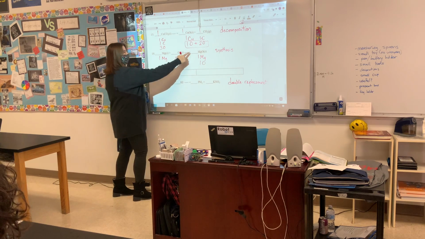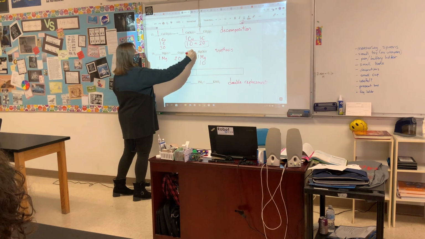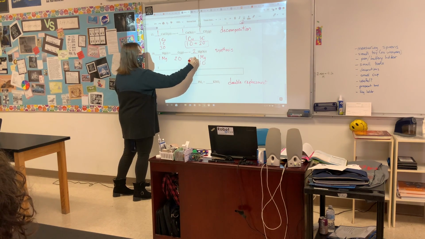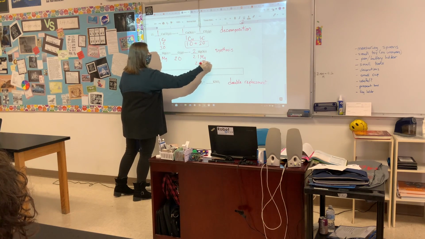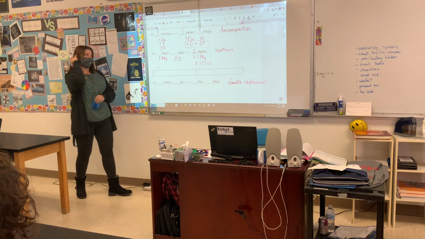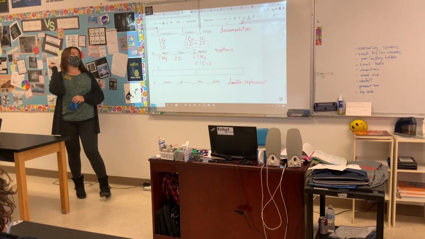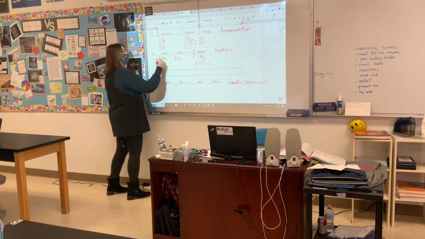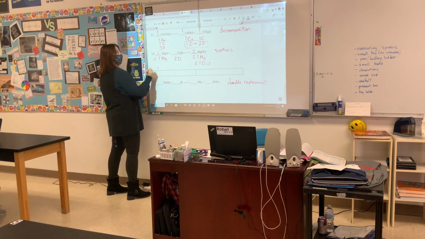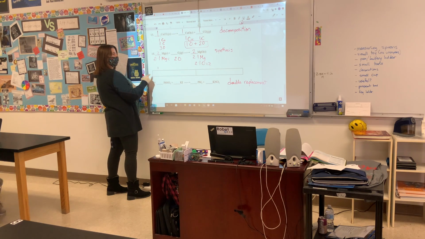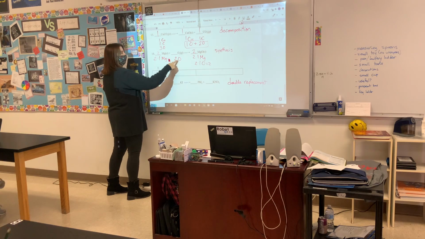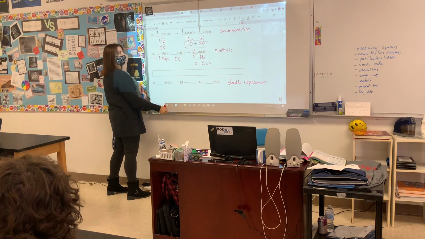So I need to put a 2 in front of here? Yes. Why? So you can make oxygen 2. But doesn't that change the magnesium too? Yes. So then I would have 2 magnesium and 2 oxygen on each side.